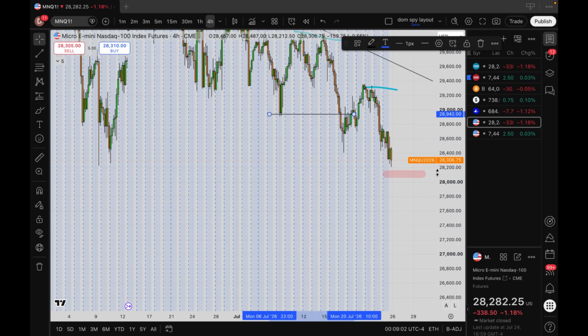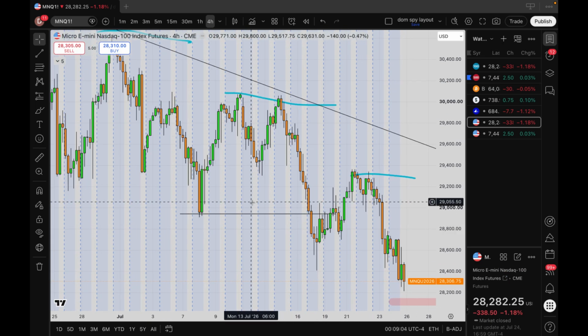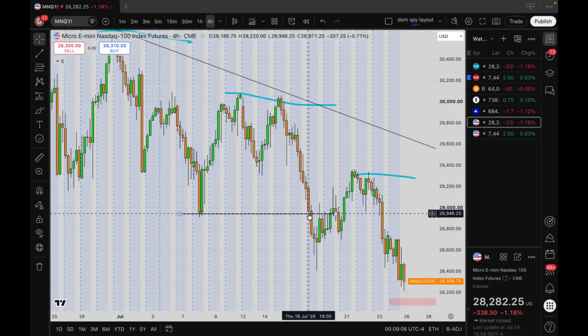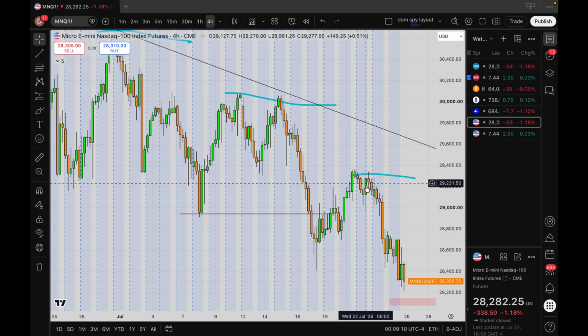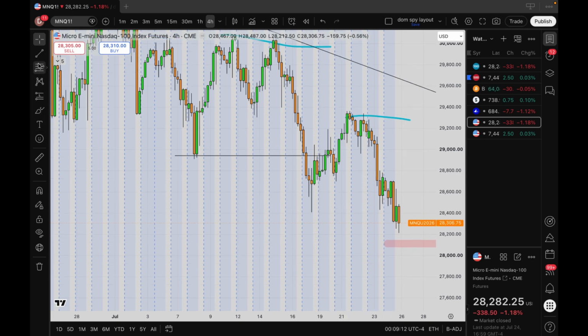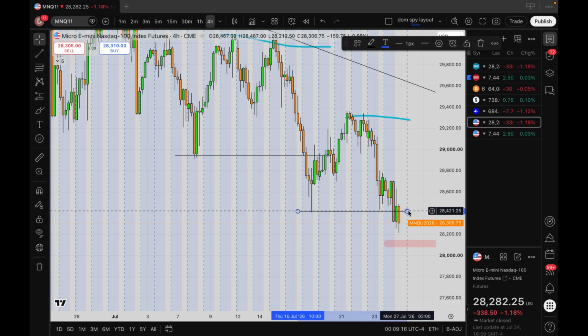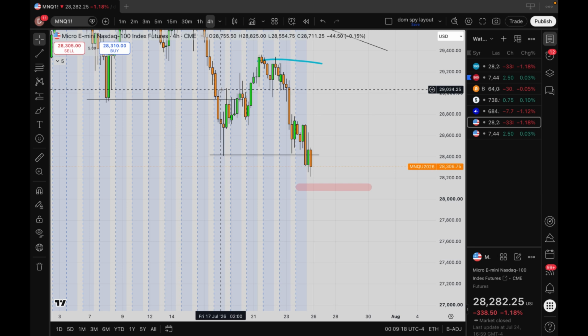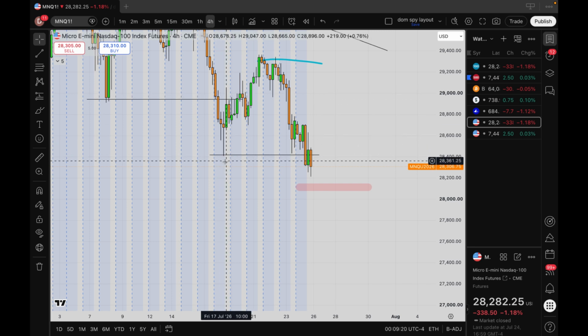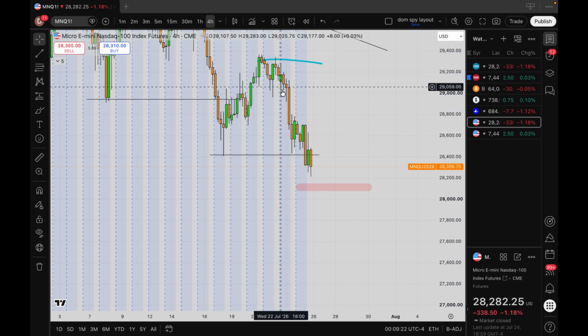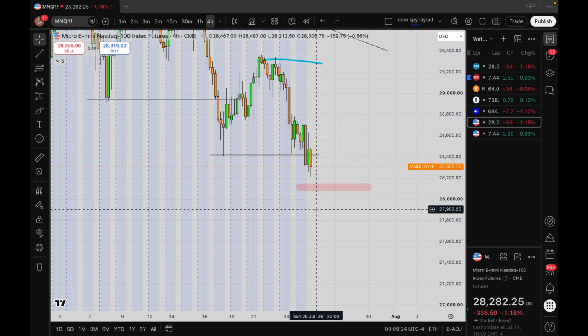And the market, instead of taking a bounce right here, broke through the low, came back up, and came back and broke this low right here. So it broke the structure, went up, came back down, broke the structure again.